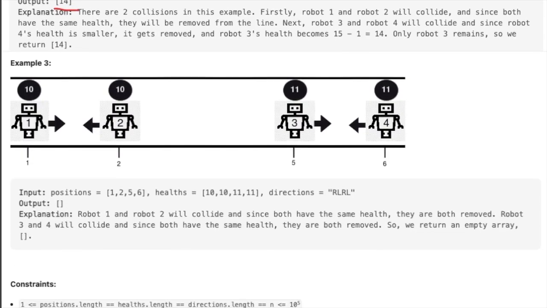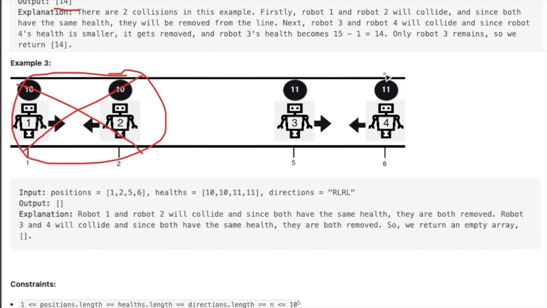So let's take a look at the third example. In this third example, after visualizing the input, it will look something like this. First of all, these two are going to collide because they have the same health, so both of them will die.